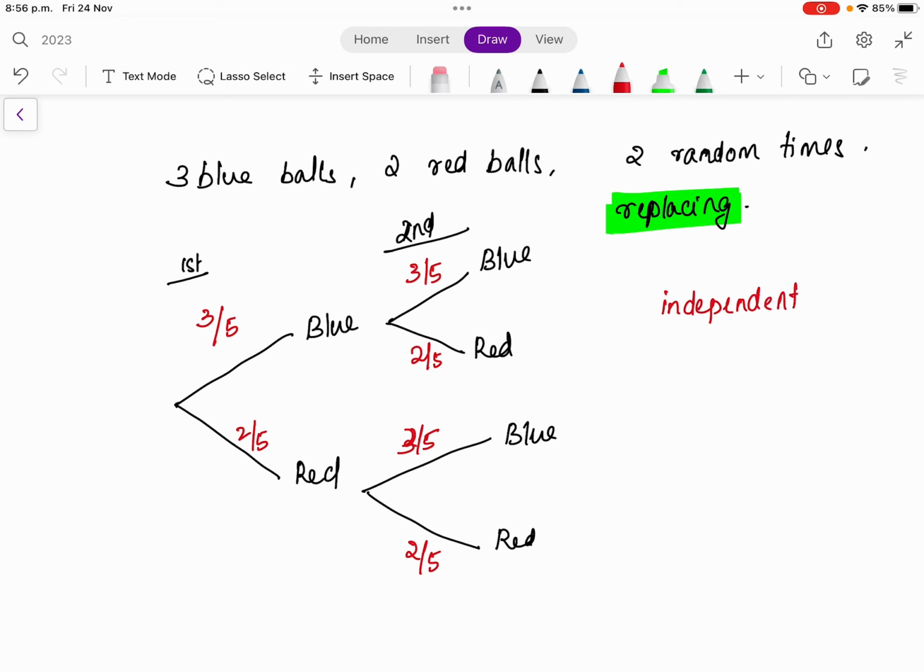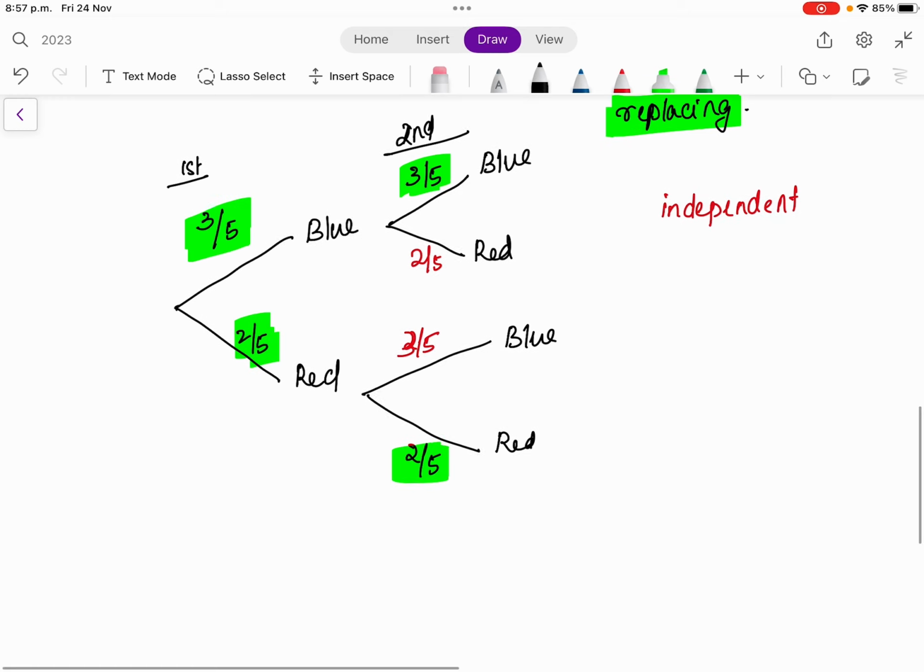In the case of independent events, the probability of an event doesn't change. For example, the probability of picking a blue ball doesn't change from one turn to another. If it is 3 over 5 the first time, it is 3 over 5 the second time also, and for red it is 2 over 5. Over this whole experiment, the probability of picking the blue ball doesn't change.